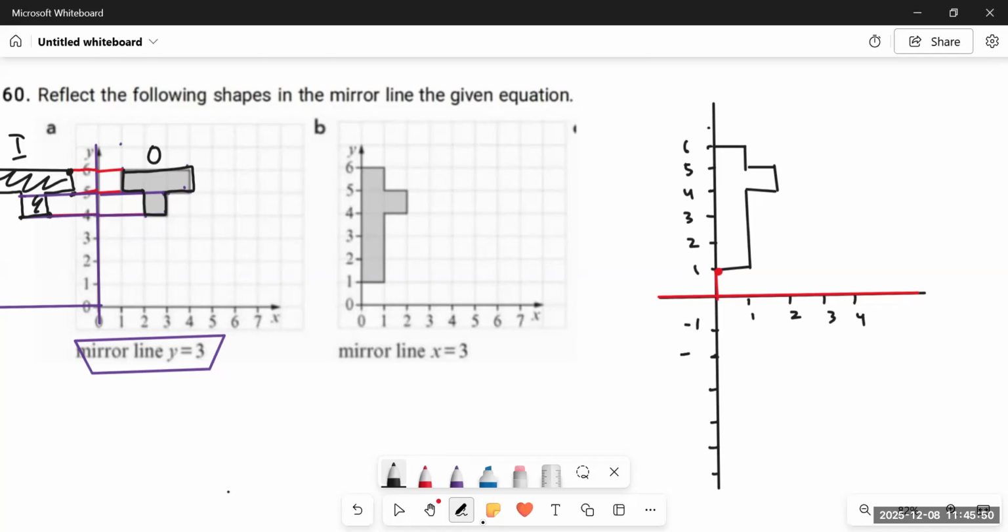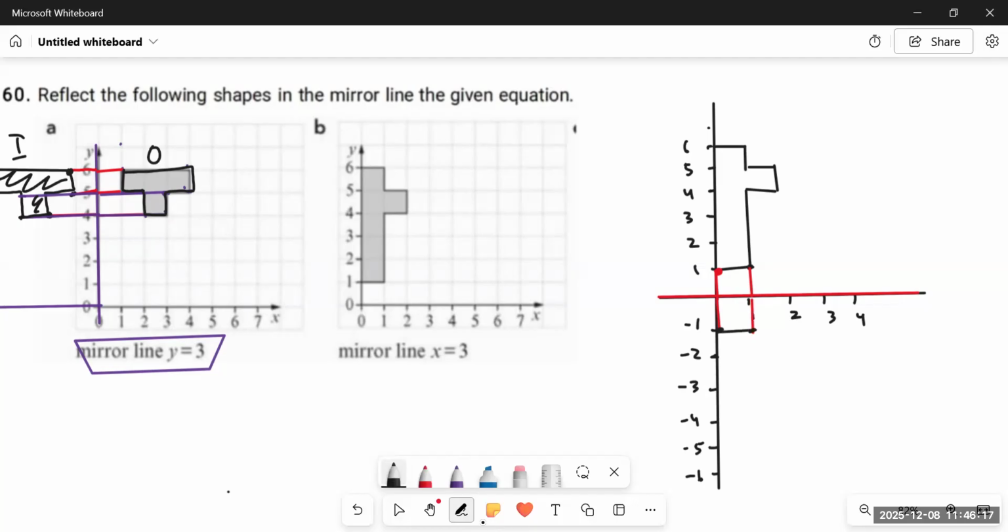It says -1, -2, -3, -4, -5, -6. So first we will mark the first point up to 1 square distance. This one is the first point. Then the second point is here. We'll join these 2 points.